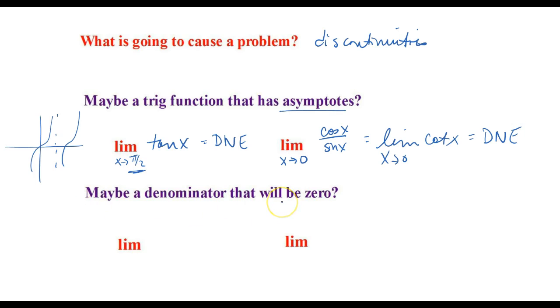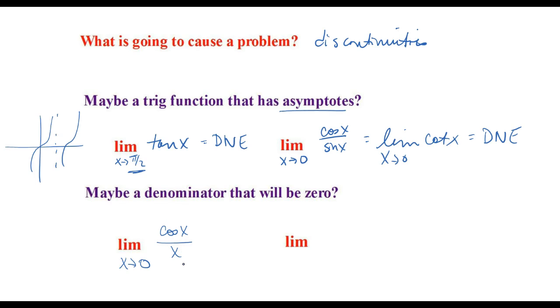And then down here, maybe a denominator that will be 0. This one is kind of the same thing as what's above, but maybe it's something like the following. Okay, so if it is something like cosine of x over x, and you try to evaluate and you plug in your 0, you are going to get a 1 over a 0 whenever you do direct substitution.